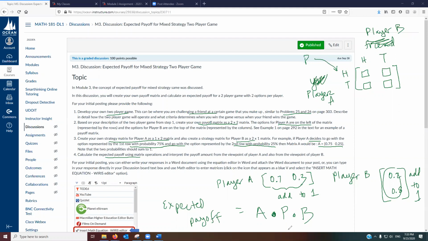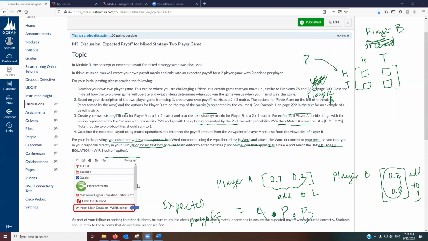Okay? If you want to enter matrices in your posting, you can do that. So if you go to the menu, you'll see an icon that looks like a blue V on the editing. Here it is.